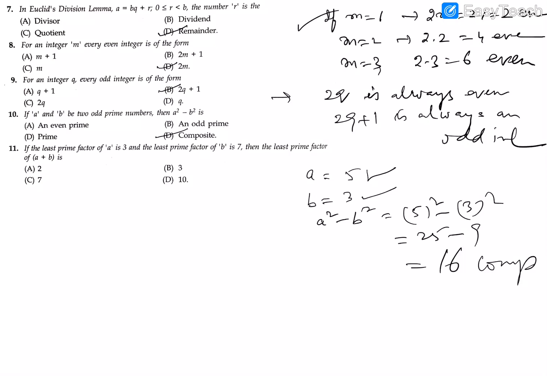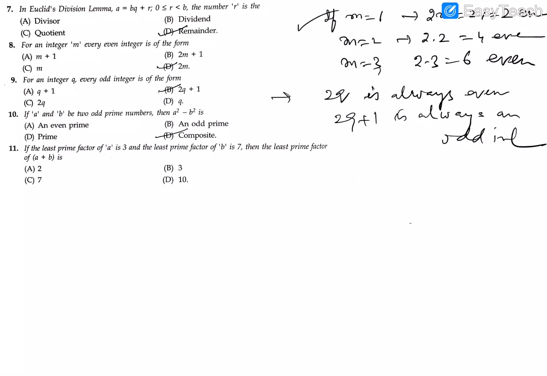Next, if the least prime factor of a is 3 and the least prime factor of b is 7, then the least prime factor of a plus b is, let us suppose a is equal to 3 and b is equal to 7. Their factors are 1 and 3. Similarly, factors of 7 are 1 and 7. 1 is taken neither prime nor composite.